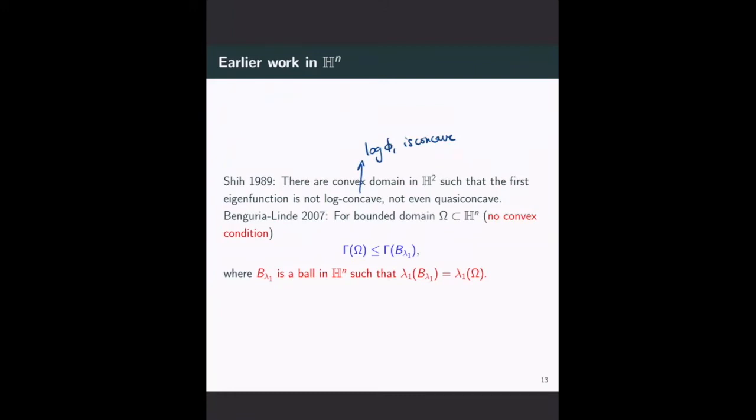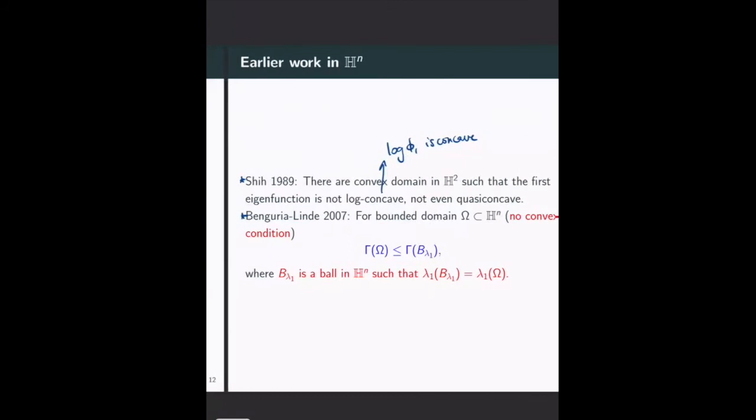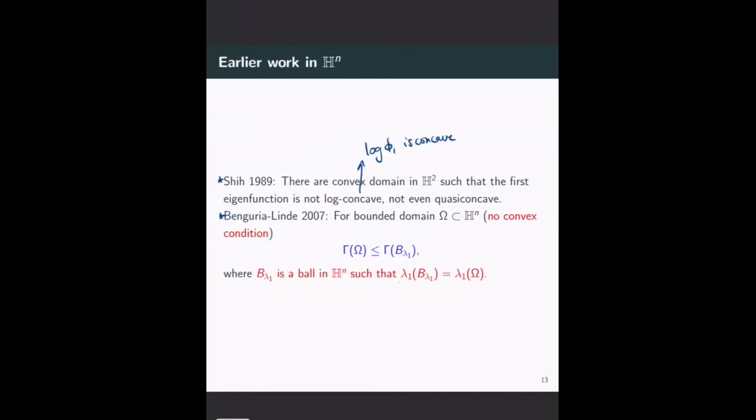And the second result that's known in Hn, so there are not too many results, is that for bounded domains, we don't need a convexity condition. If a ball has the same first eigenvalue, then the ball maximizes the second eigenvalue.